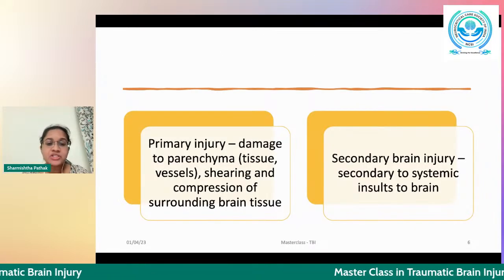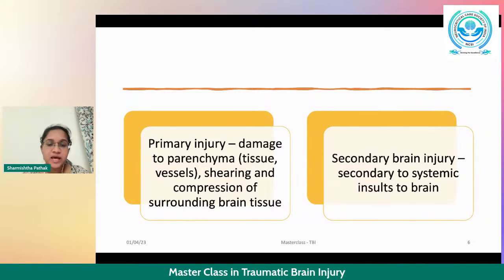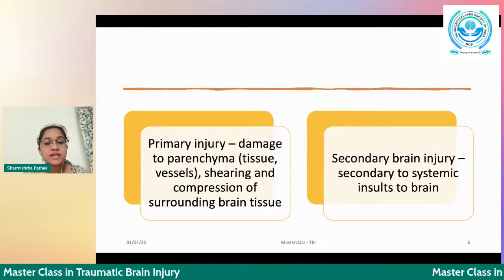Briefly, primary injury is the one where damage to the brain parenchyma has occurred, either to the tissue or vessels, while secondary brain injury results from systemic insults to the brain.